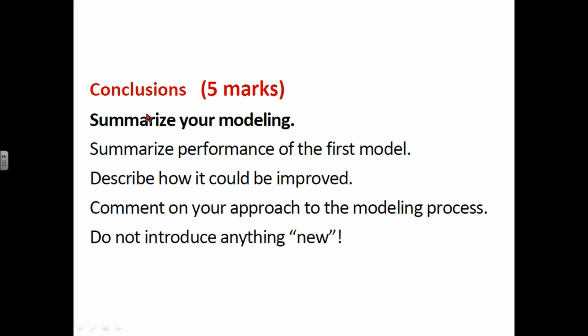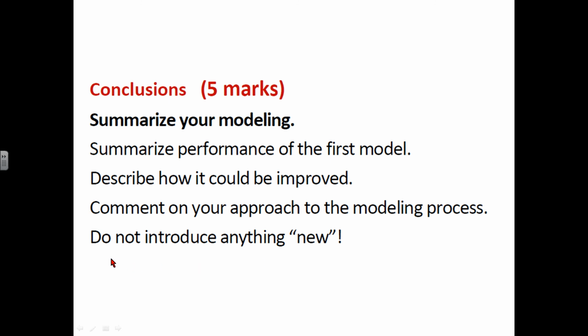Finally, we want to have a conclusion section where you summarize your modeling, summarize the performance of the first model, say how well that performed, describe how it can be improved, comment on your approach to the modeling process, and finally, this is very important for a conclusion section, do not introduce anything new.